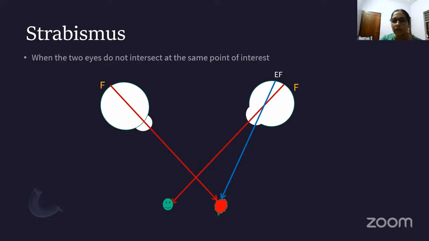This is the principle of our Hess chart. Whereas this image is seen by the extrafoveal element of the deviated eye. That will lead to diplopia. This is the principle of diplopia charting. I hope all of you understood what a normal visual axis is and what happens when it is deviated.